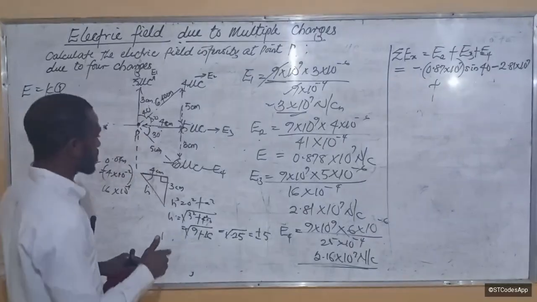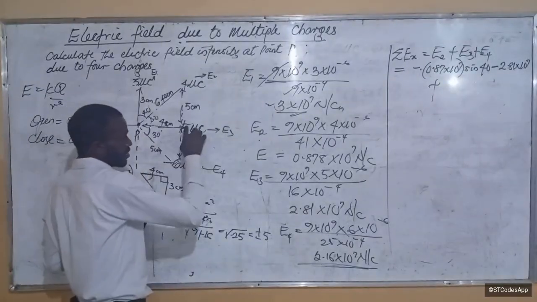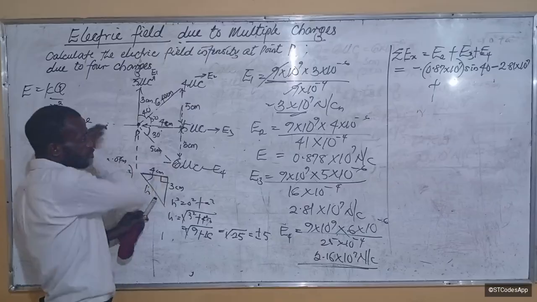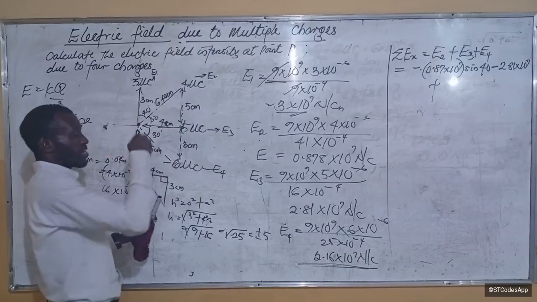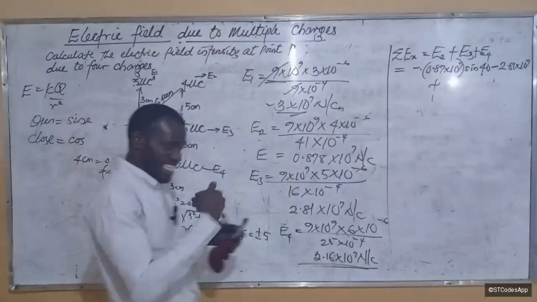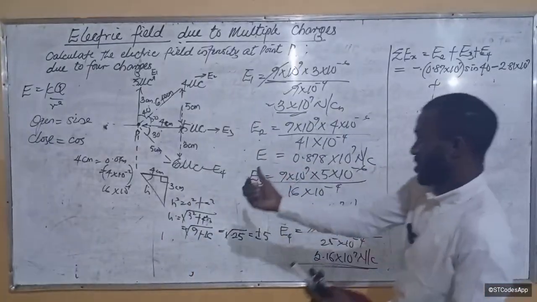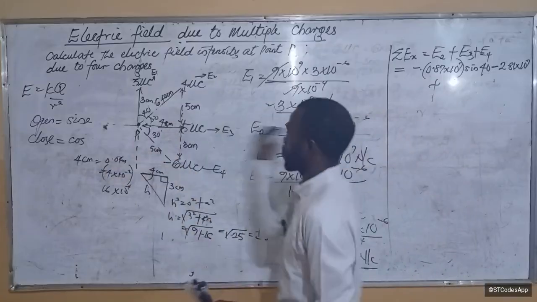What direction is that? If you resolve it to this direction, because it's a negative charge, will it be towards it or away from it? For a negative charge, electric field is always radially inward, right? So inward will be in this direction, that's positive.